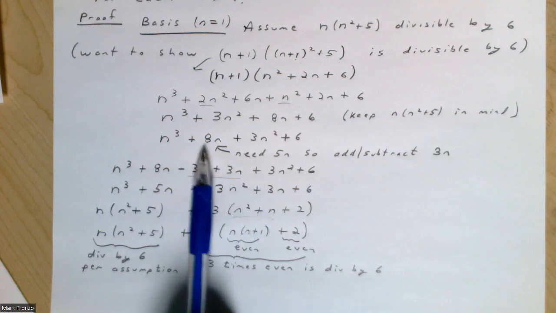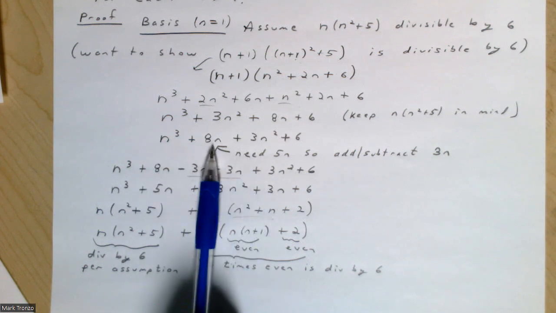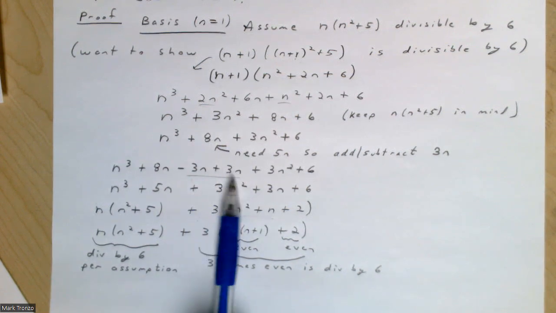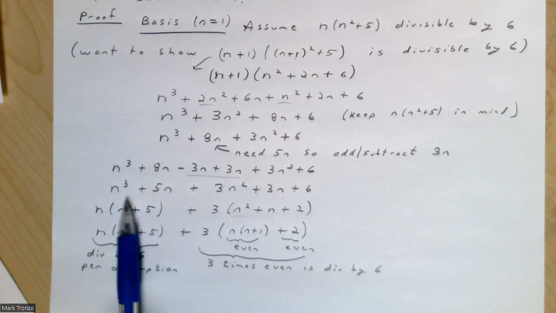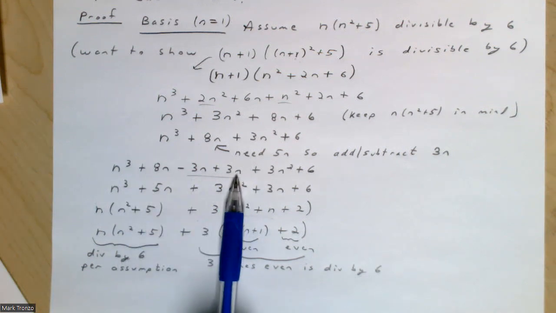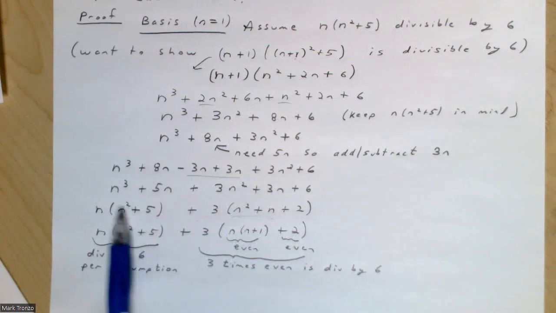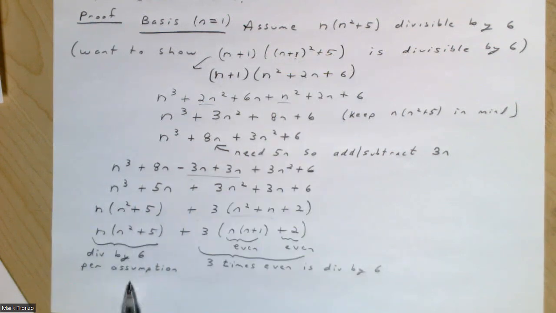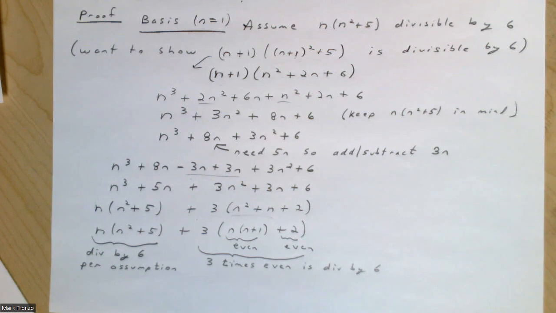But we needed a 5n here instead of an 8n, so we had to subtract and add 3n. That gave us our 5n here. And we put 3n over here. And now over here was our assumption. So we're allowed to assume that's divisible by 6. Over here, we had to work with this a little bit to show that this is divisible by 6.